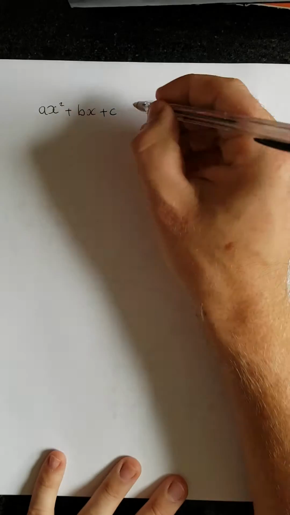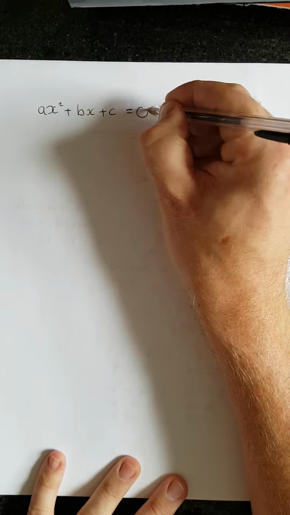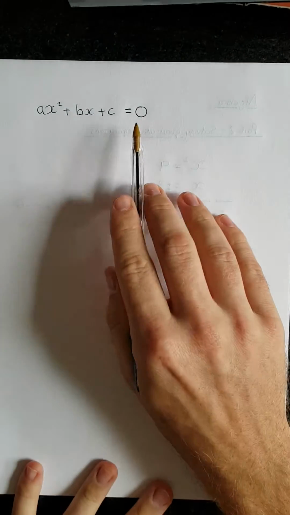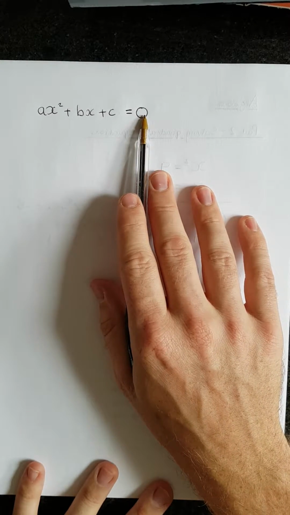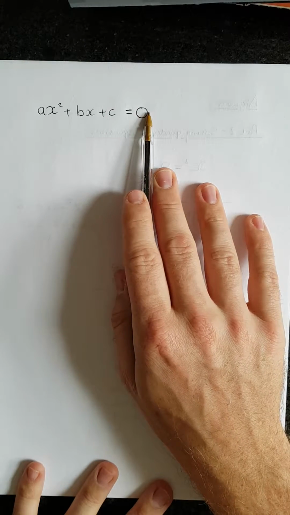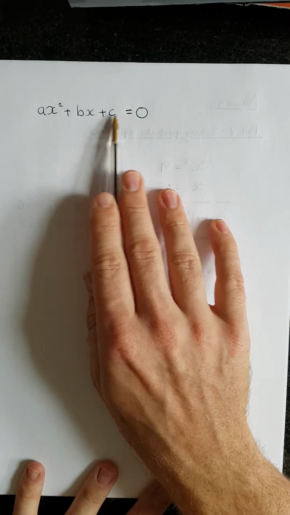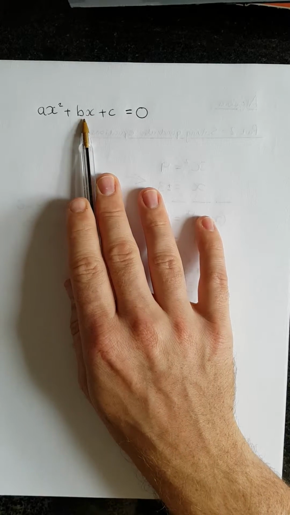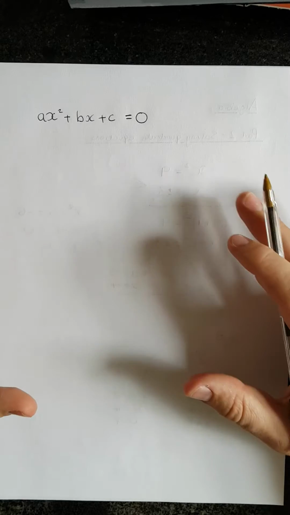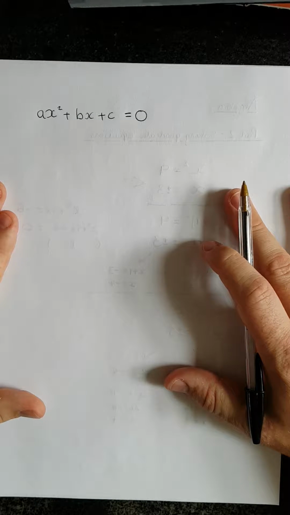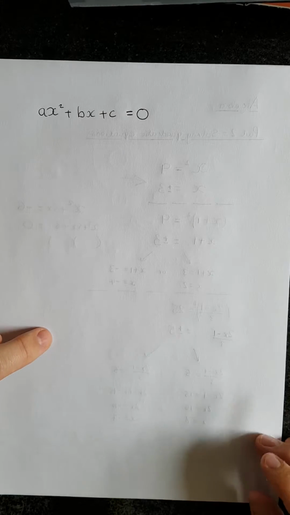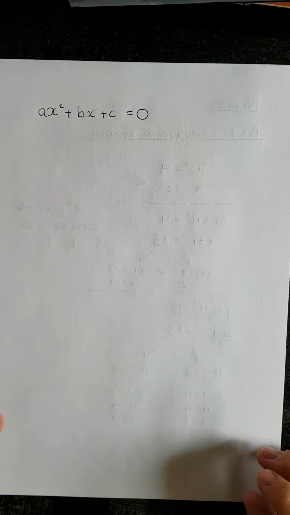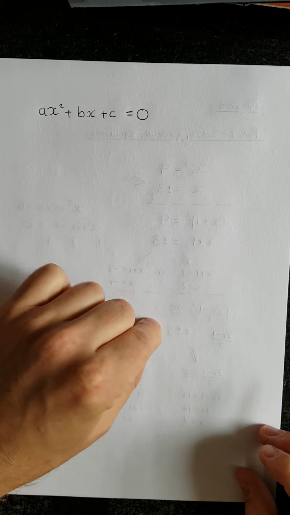Now, to make things easier, I'm going to put it equal to 0 to start with. If this wasn't 0, if this was another number, or even an x, we would take it off and it would change c if it was a number, or it would change b if it was an x. So let's assume we've already got it to this stage. Okay. Now what we're looking for, down here somewhere, let's presume there'll be a few steps, is something squared equals something.